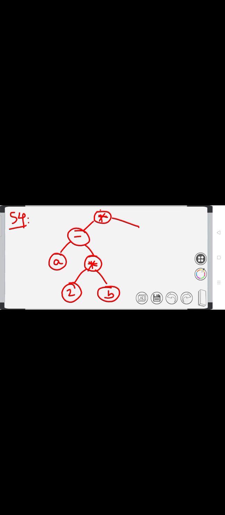On the right hand side of this particular part we are having the power term.